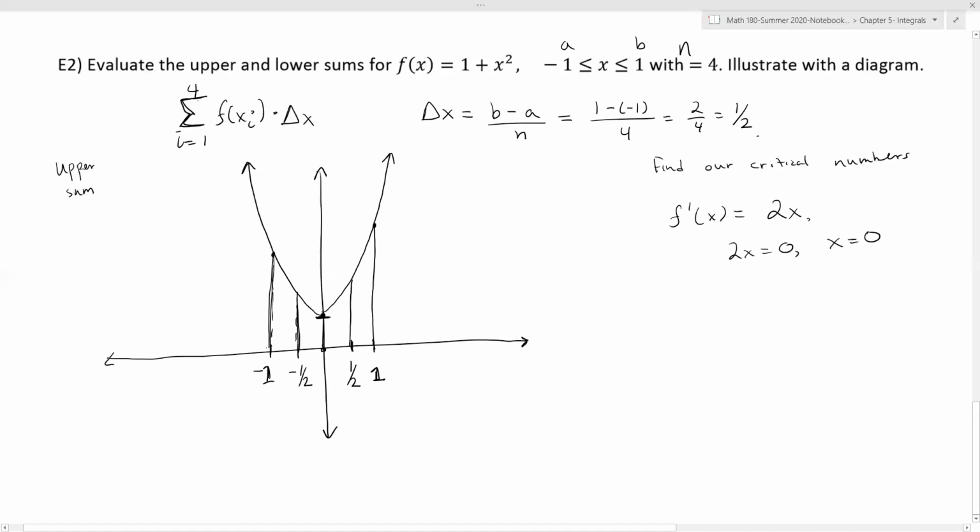Okay. Once you've gotten that, let's go in and draw in the lower sums. And actually, we can just use this as a diagram, okay? But this one's pretty simple. In terms of our lower sums, there's our lower sums, right?